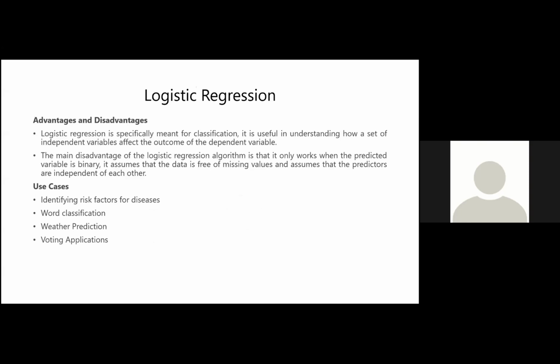The main disadvantage is that it only works for two classes, so it can't be used for classifying the data into multiple classes. Coming to the practical use cases, it can be used in weather prediction, if it rains or not, or in voting applications, like if a leader wins an election or not, or identifying the risk of diseases, if a person is at risk of getting a disease or not.